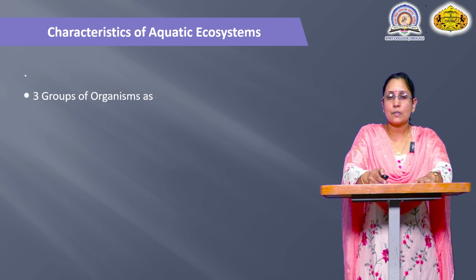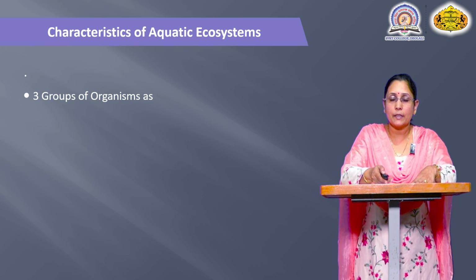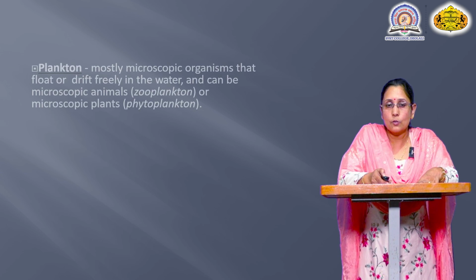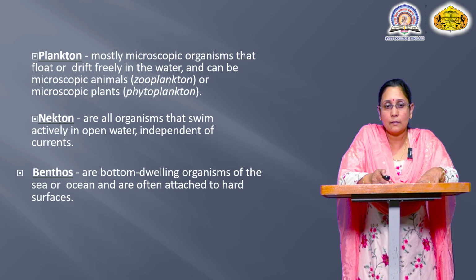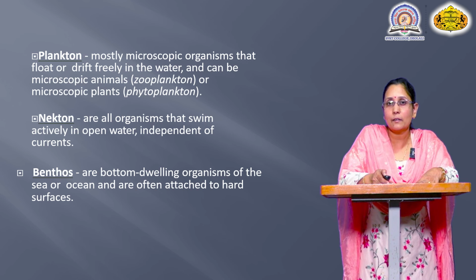A few characteristic features of the aquatic ecosystem. It has been observed that there are three groups of organisms. Which are those three groups? Planktons, nectons and benthos. Remember, these are the types of organisms divided in this aquatic water system. What are planktons? Free floating.